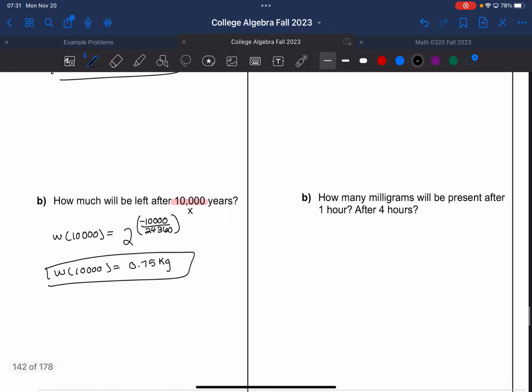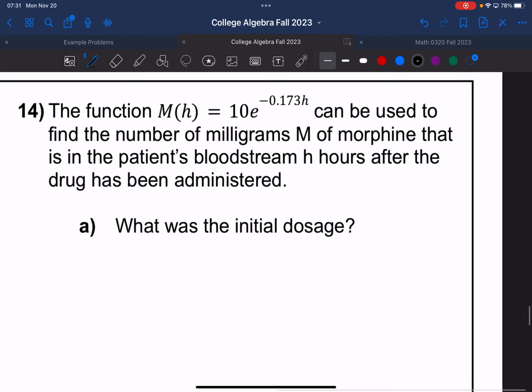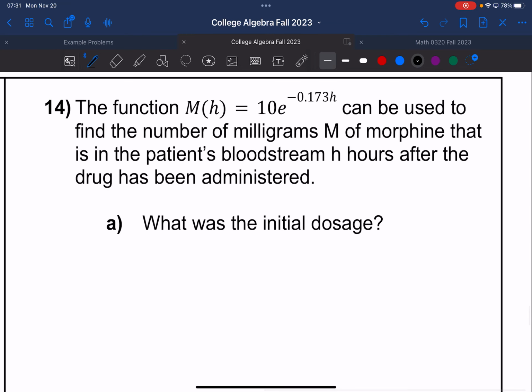Then last problem, we have the function m of h equals 10 times e to the power of negative 0.173h. It can be used to find the number of milligrams m of morphine that is in a patient's bloodstream h hours after the drug has been administered.